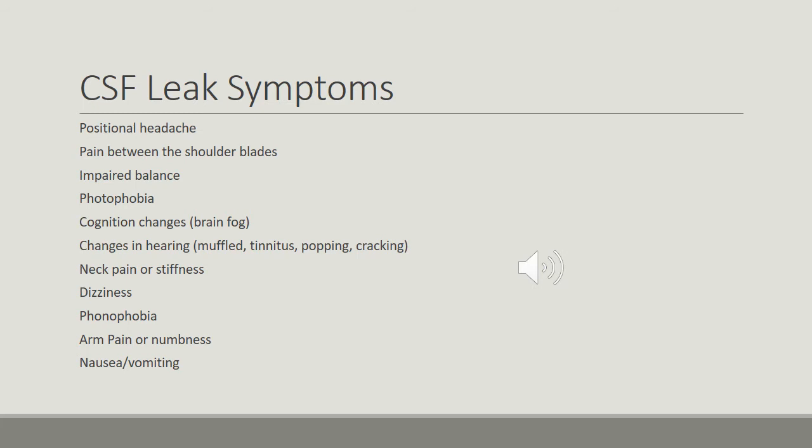We have positional headaches, pain between the shoulder blades, impaired balance, that proprioception coming into play a little bit, photophobia, a fear of light, cognition changes, could be that brain fog, changes in hearing, whether it's muffled, we have tinnitus, popping, cracking, neck pain or stiffness, dizziness, phonophobia, which is pretty sure what we think our beagle has when it thunderstorms, a fear of sound, and then arm pain, numbness, nausea, or vomiting.